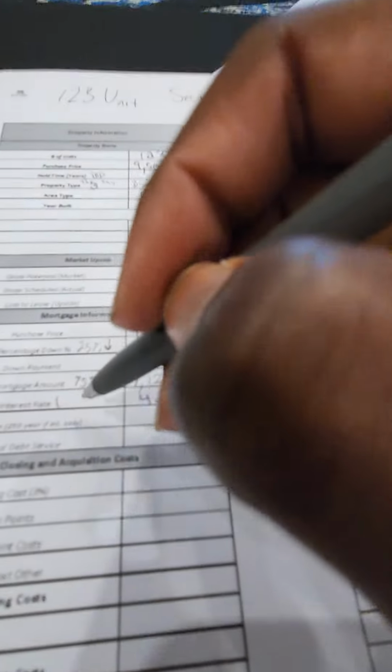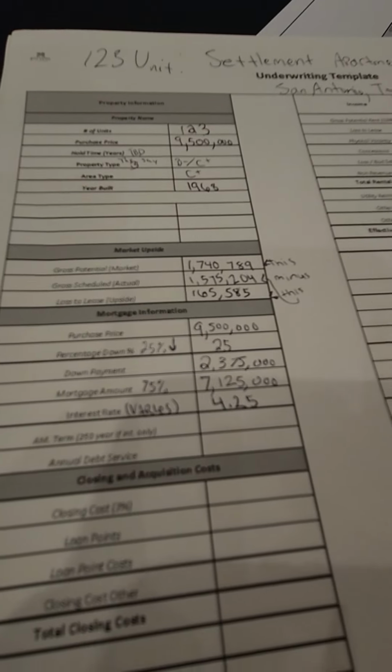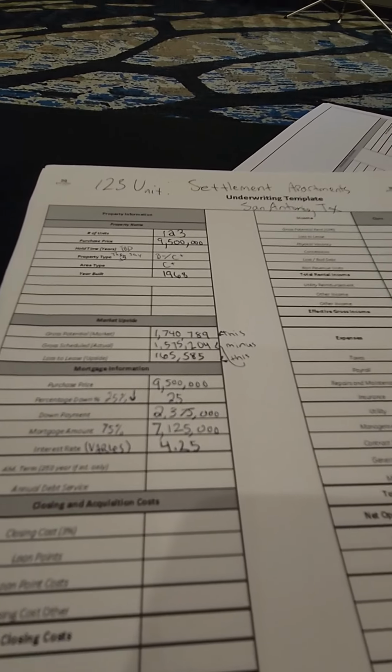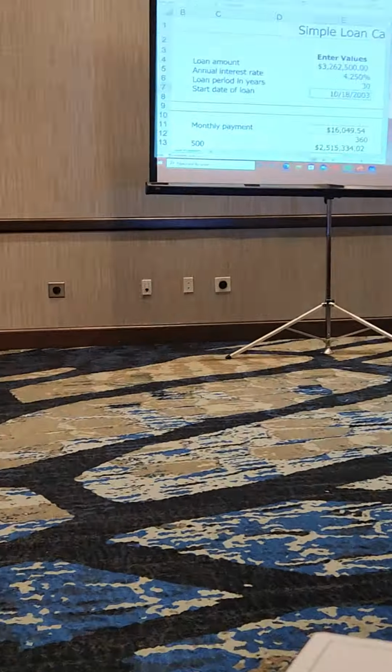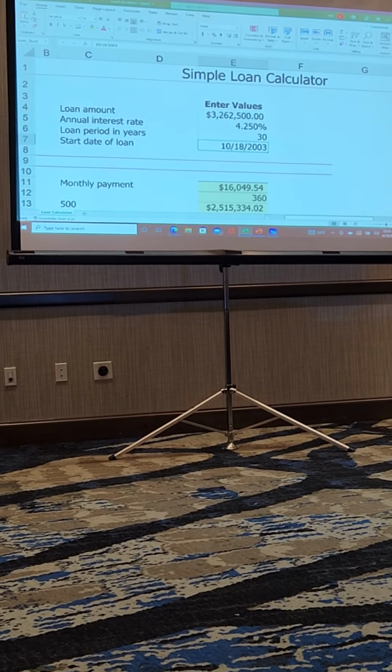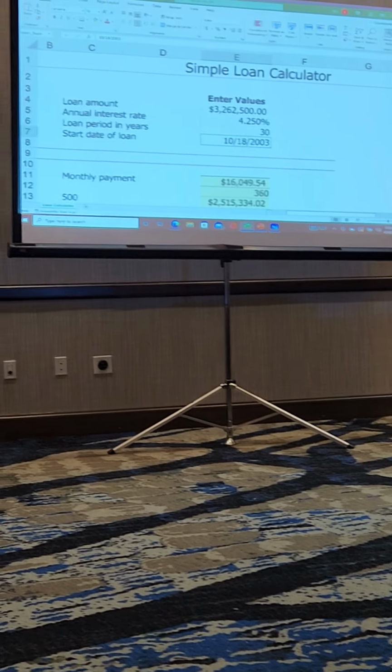Now, follow me on this next line. This gets a little confusing, okay? It's asking you how long are you going to amortize the loan for? 25, 30 years, right? Now, the part that gets a little confusing, though, is the way they have it here. It says, in parentheses there, 250 years if interest only.